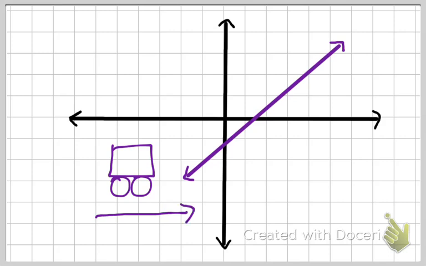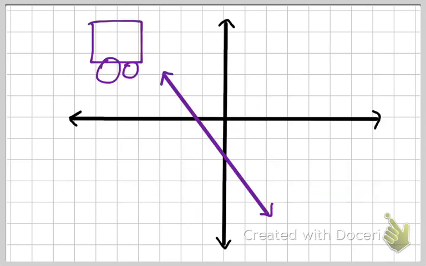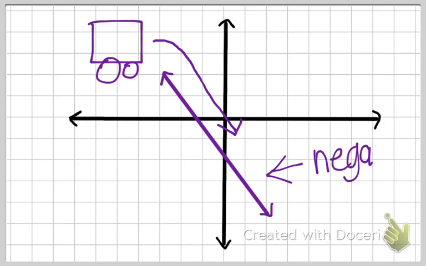Well, notice that if this truck continues to move, it's going to go up this hill. That means we have a positive slope. On this graph, if my truck moves left to right, it will go down a hill. So we have a negative slope.